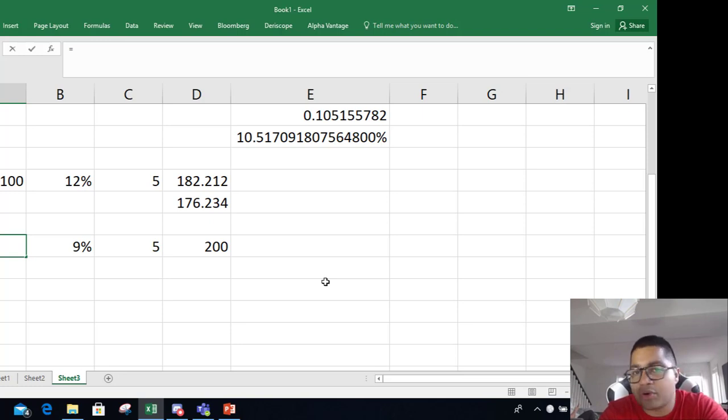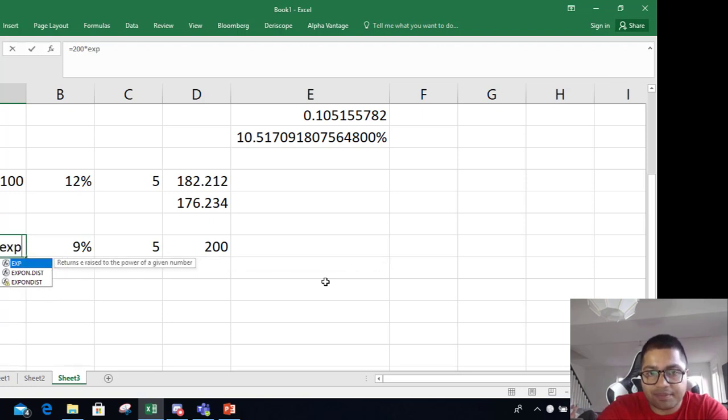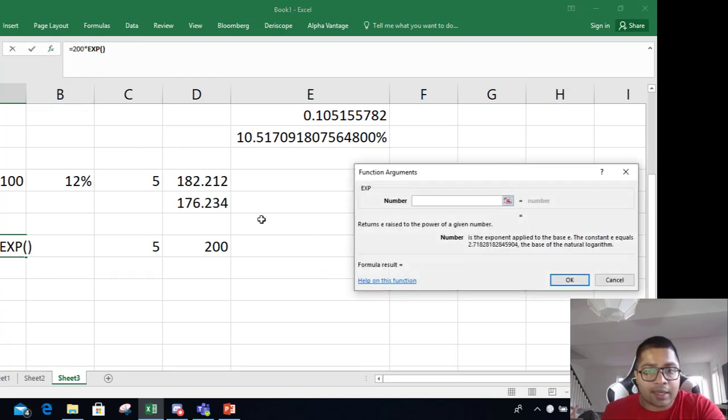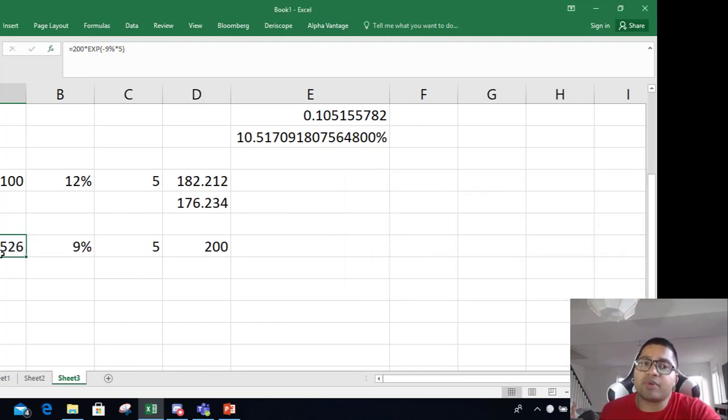You discount it. $200 is multiplied by the exp function, interest rate 9% into 5, but this is minus now. So signs are negative. So you are discounting. Discounting is minus. So you have to invest $127 today at 9% for 5 years to get $200.